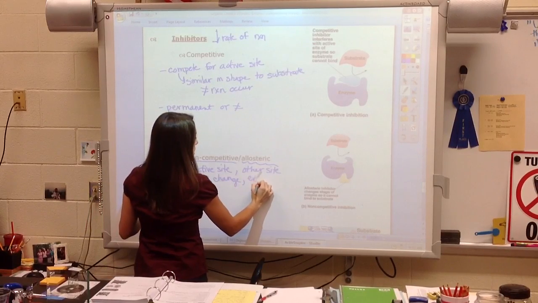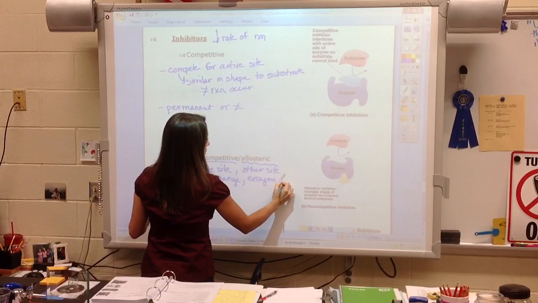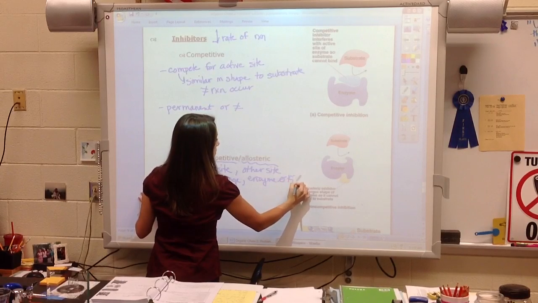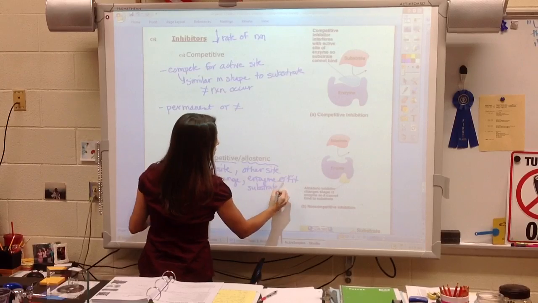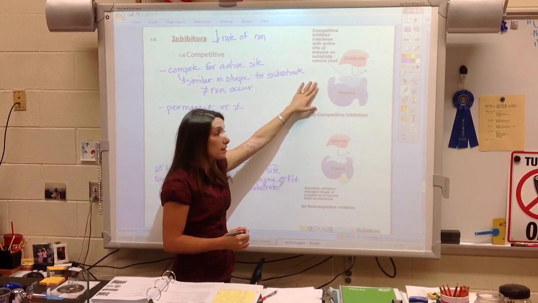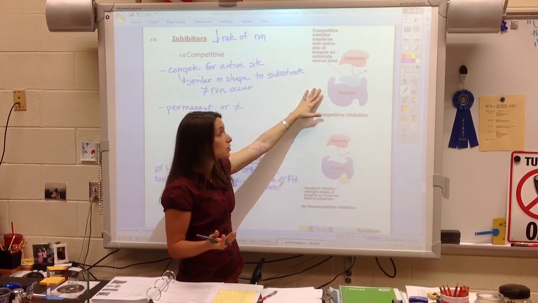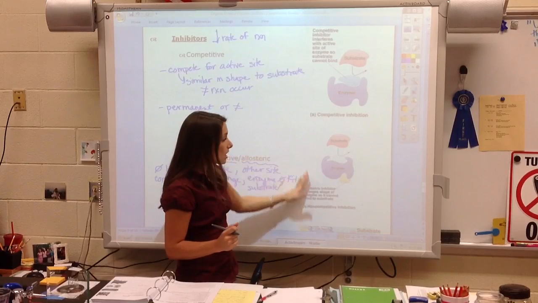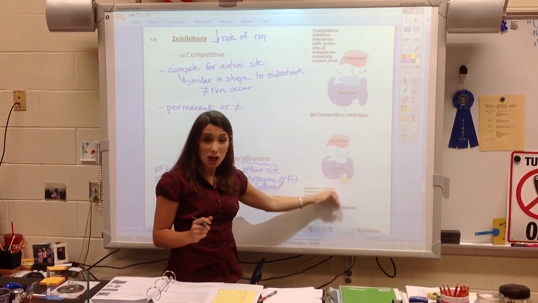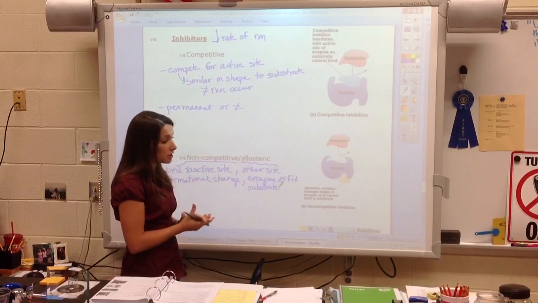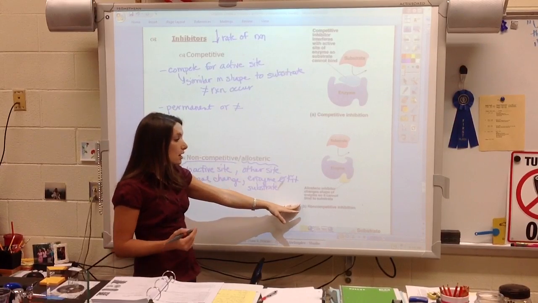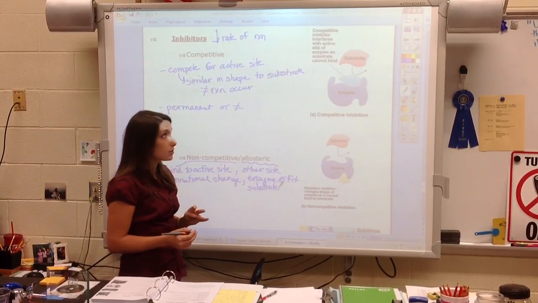And now the enzyme does not fit the substrate. So here, the enzyme shape is intact. It's just that the substrate can't fit into the active site. Here, the enzyme shape has been changed or compromised, this conformational or shape-changing site. And so this is called non-competitive or allosteric inhibition.